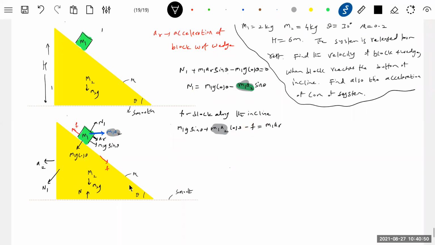F equals mu N1, and N1 equals M1 g cos theta. Okay, this is for the block.